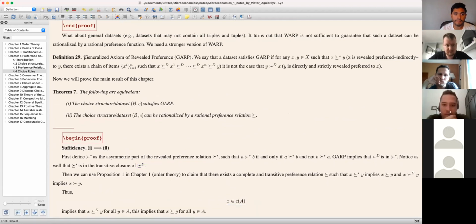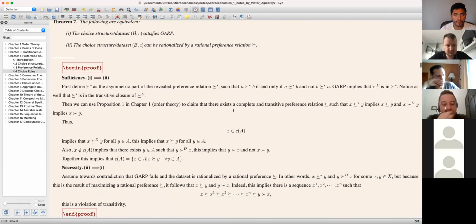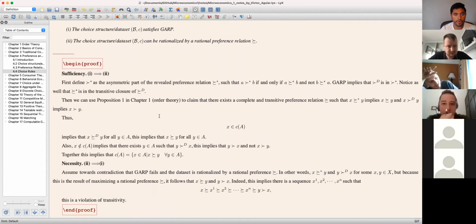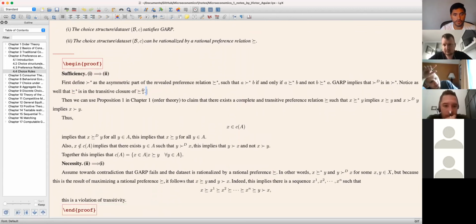As you can see, the definition of GARP is essentially the definition of acyclicity that I gave you in the order theory part. So I'm going to take this preference relation that is in the transitive closure of this D. Then we can use proposition 1 in chapter 1 in the order theory, the part that I asked you to read.